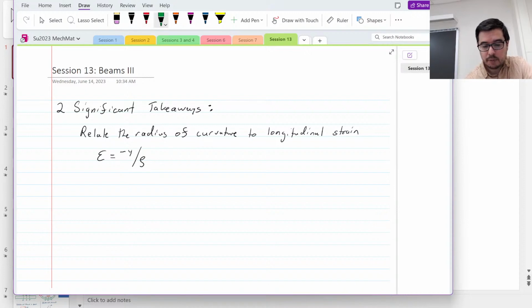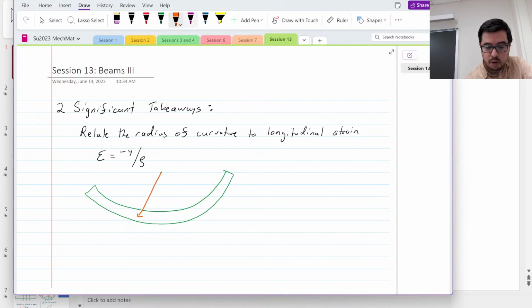Here's a beam, and you see it's bent. Now what we're talking about is a radius, which we give as rho, to this longitudinal axis along the beam.